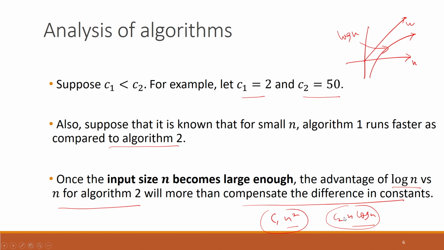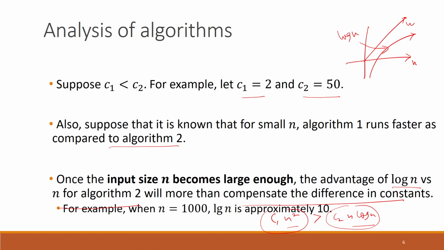There will be some n at which point C1 n square will become greater than C2 n log n, regardless of what constants C1, C2 you choose. There will always be such an n, because the function n log n grows at a slower rate as compared to the function n square.